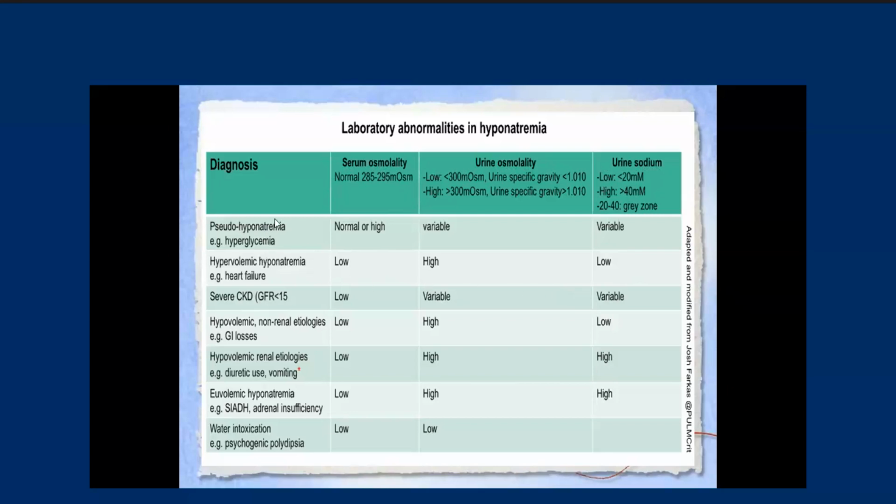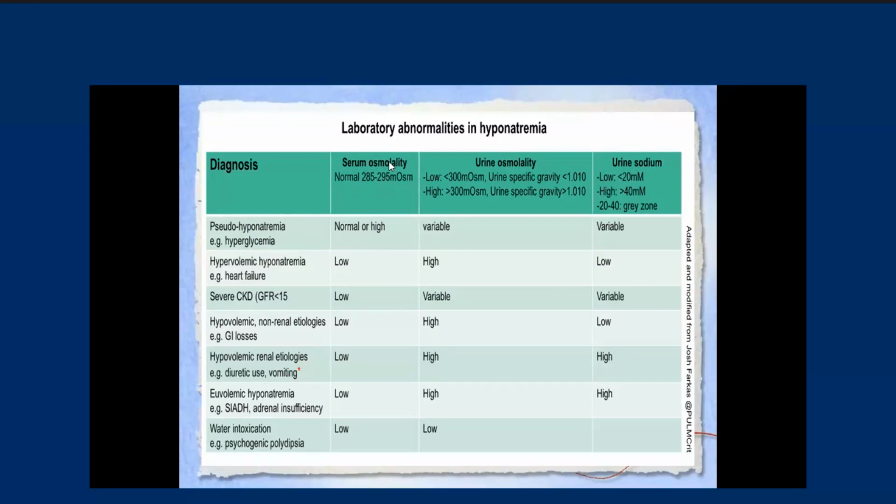So in patients with pseudohyponatremia, like in patients with hyperglycemia, the serum osmolality is going to be high, because glucose is one of the components which determine the osmolality.